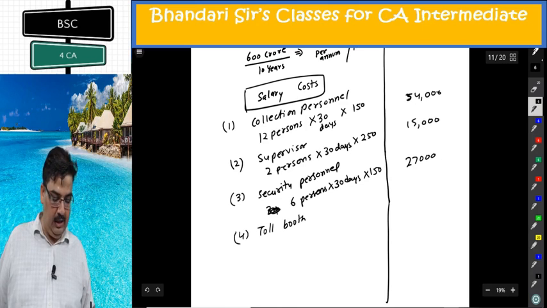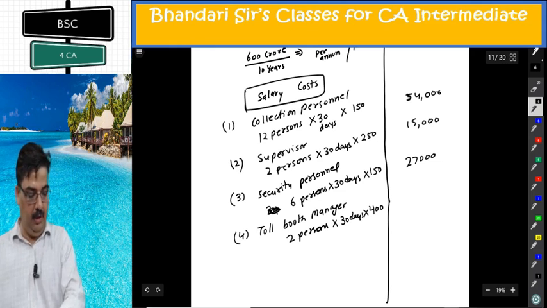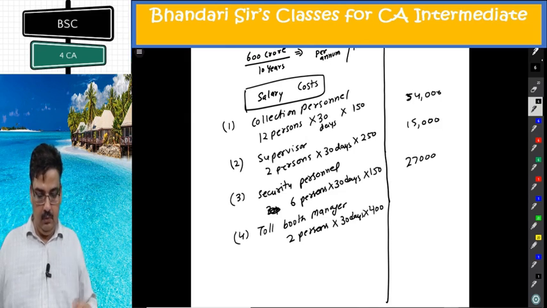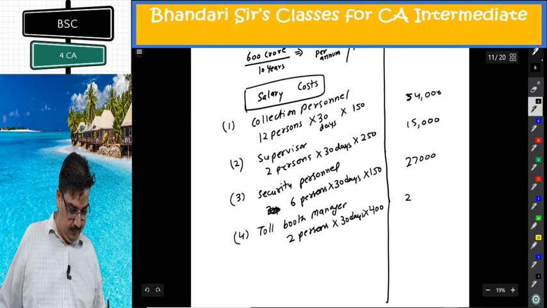Toll booth manager: 2 persons, 30 days, 400 per person per day. 24,000.